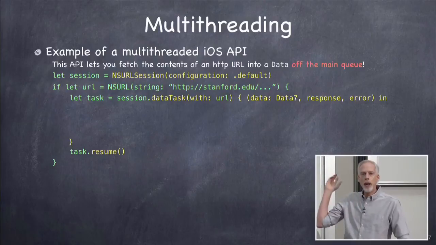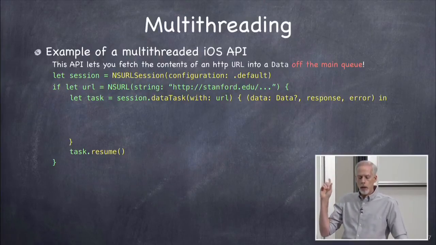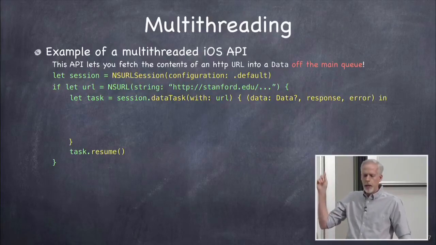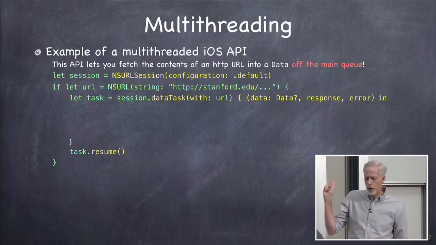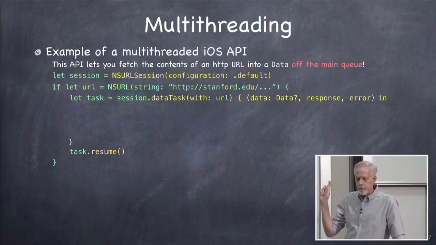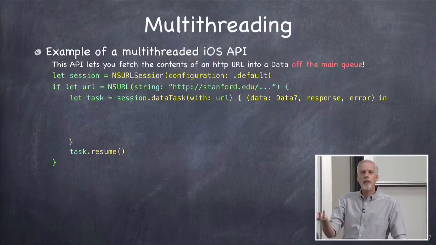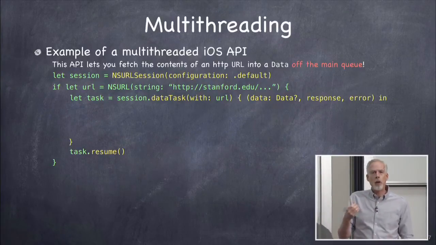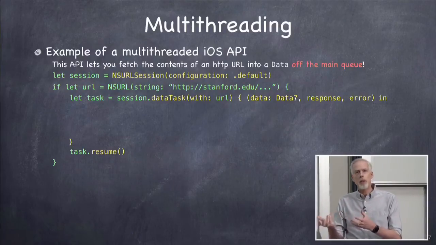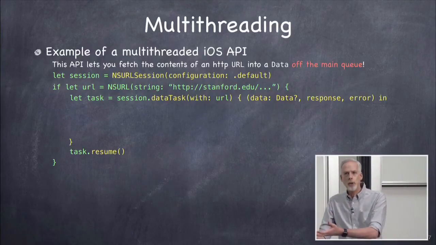And the way it works is you create an NSURL session, it might be called URL session these days. Yeah, this is an old slide, so it's just called URL session and URL, not NSURL. You create one with a certain configuration, then you get the URL you want, and then you call this method data task with URL and closure.